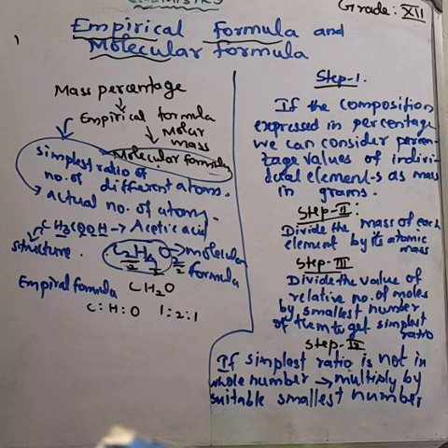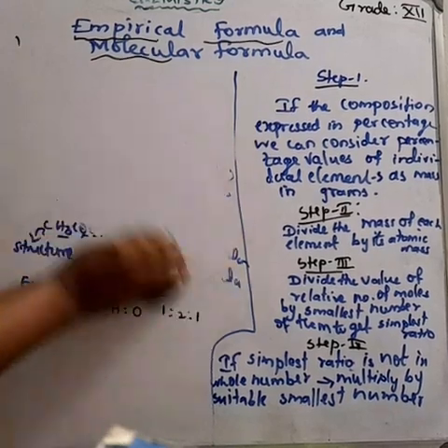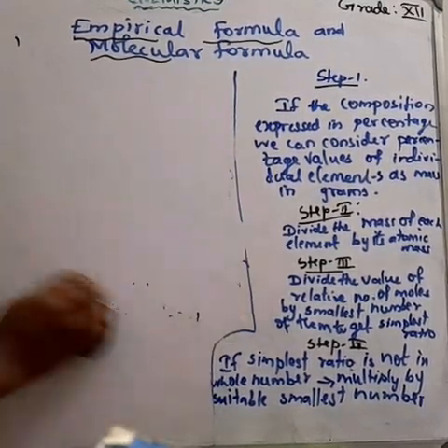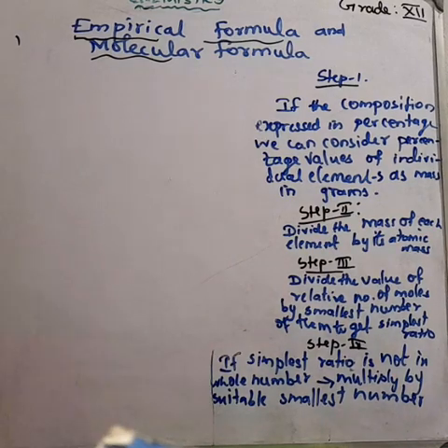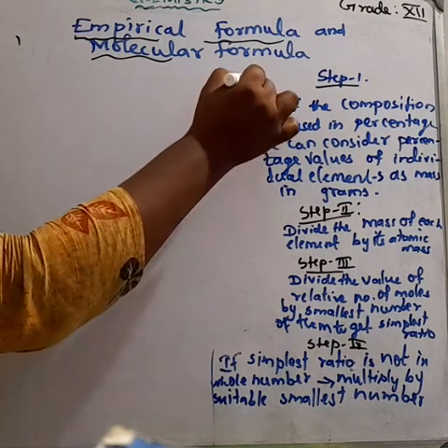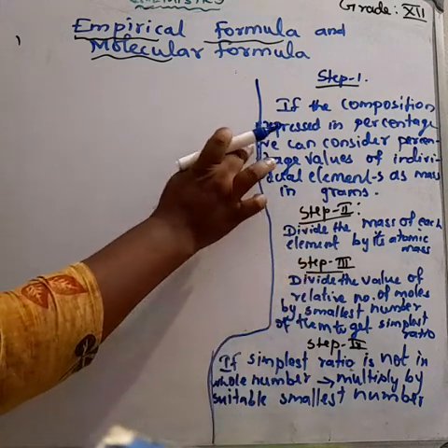Now we are going to determine the empirical formula from the elemental analysis data. How can we determine the empirical formula? Here the 4 steps are given. What is step 1?